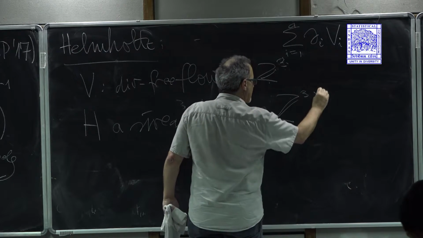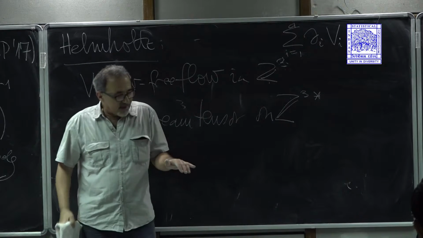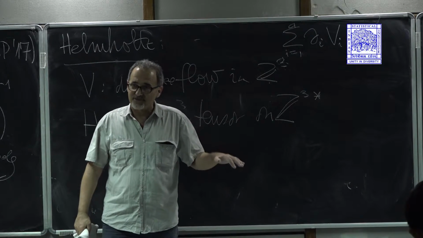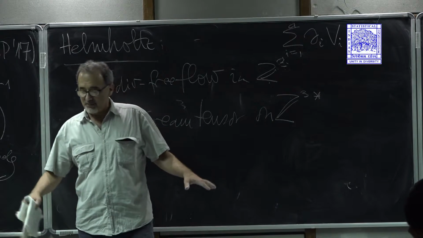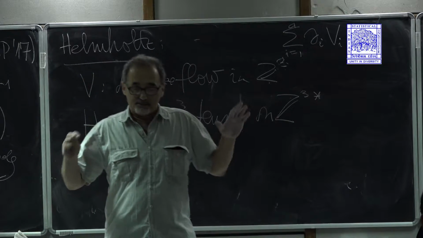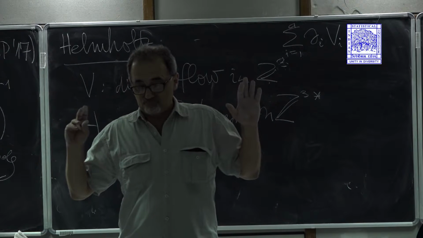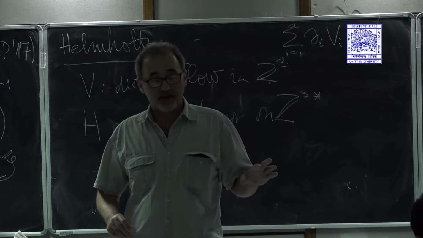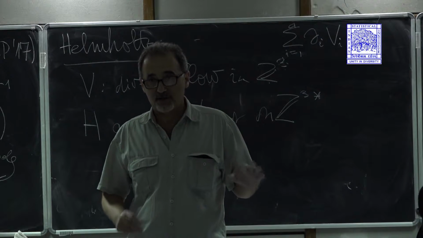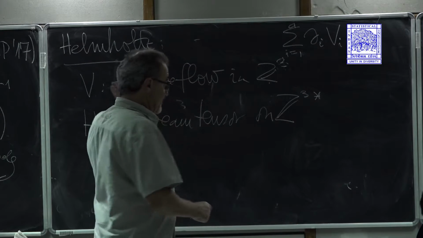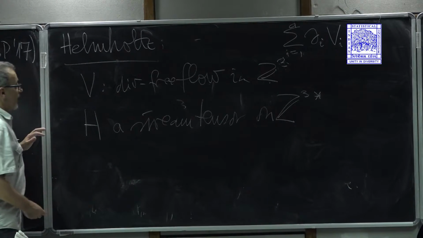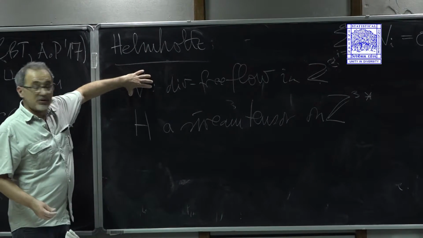Let me put a star here somewhere, because on the lattice you have to shift by 1/2. There is a dual lattice which is shifted. I won't go deeply into the details now, but there is an analogous discrete object like Helmholtz, and those interested will find details. Now, my V was like that.